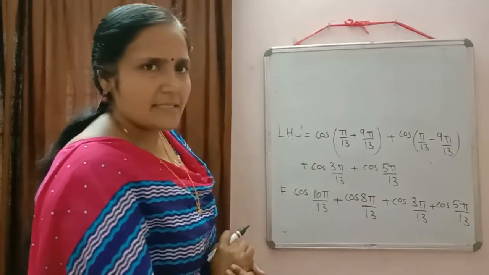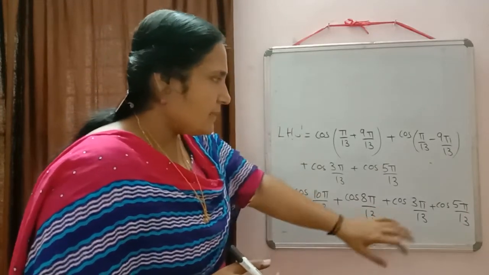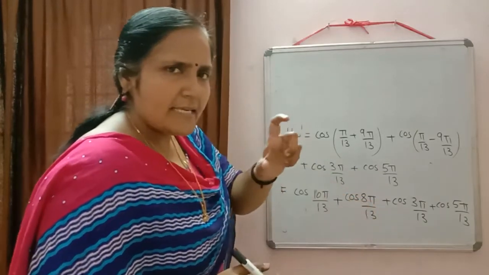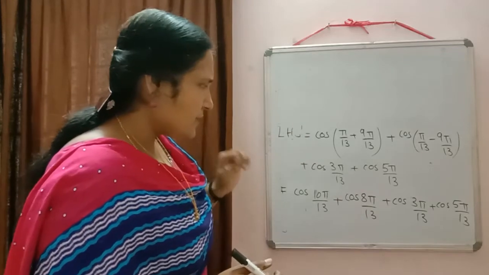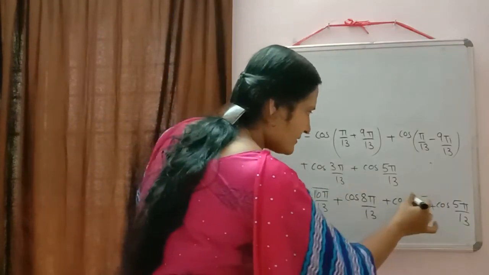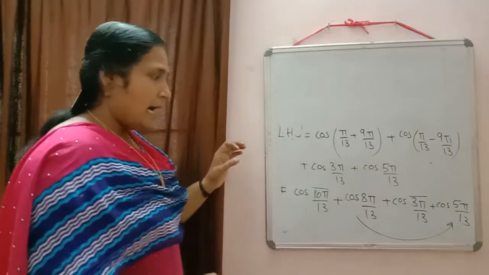So now you just find out the numbers which add up. Here so many numbers are there. Our denominator is 13. So addition of which two numbers will give you 13? Yes. 10 and 3, and 8 and 5. So these two I am rearranging.